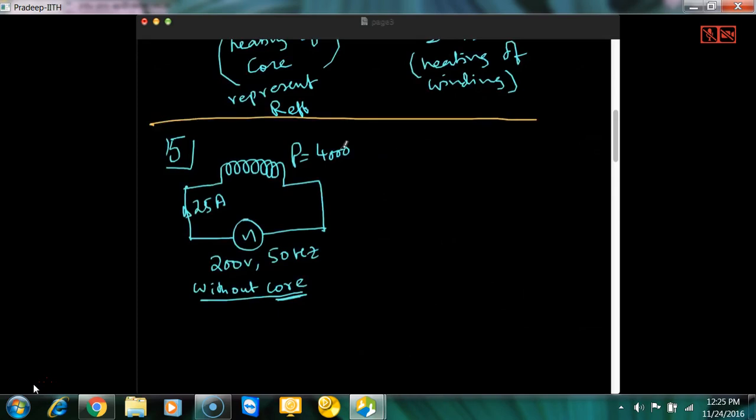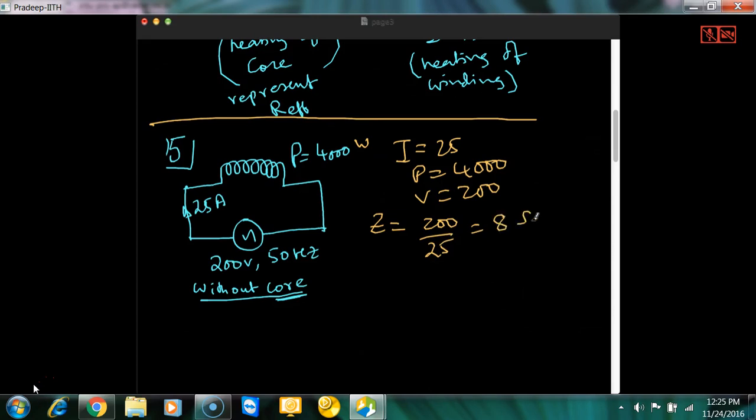So power is 4,000 watts. So what is the current? Current is 25 and power is 4,000 and voltage is 200. So we have everything. First I'll calculate the impedance. Impedance is V by I. So 200 by 25, that is 8 ohms.